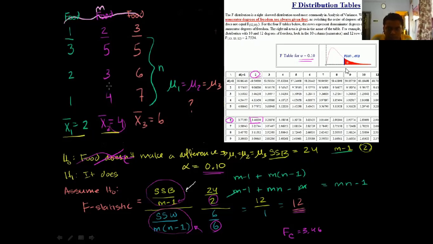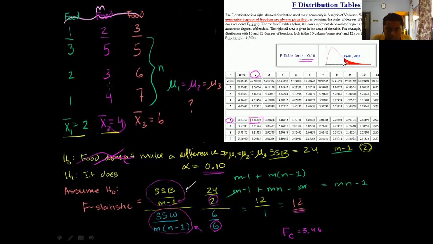So if this is your cutoff value in the F distribution, 3.46, your value 12 lies somewhere here. So in this case, you can conclude that your statistic is greater than the cutoff value.